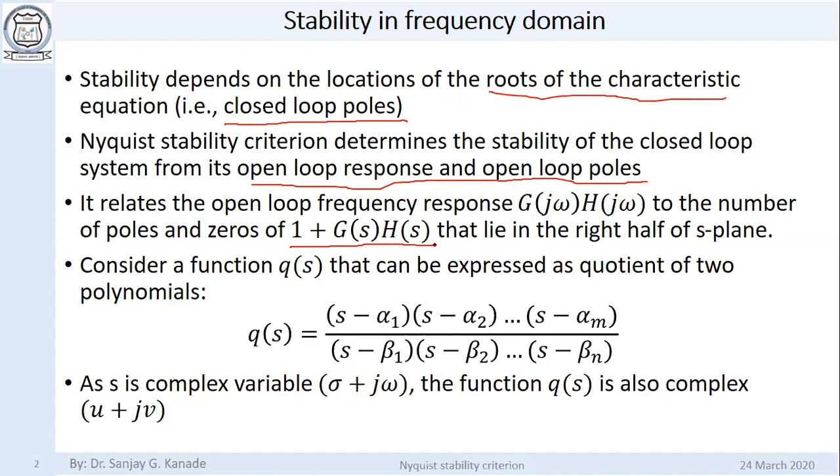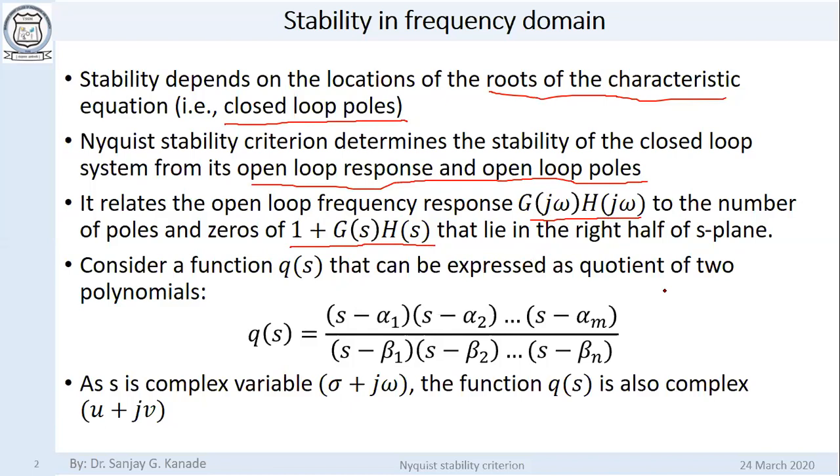What the Nyquist criterion does is relate the frequency response G(j omega)H(j omega), the open loop frequency response, to the number of poles and zeros of 1 plus G(s)H(s) that lie in the right half of the S plane. Means how many of those lie in the right half of the S plane, and from that we can find out the stability.